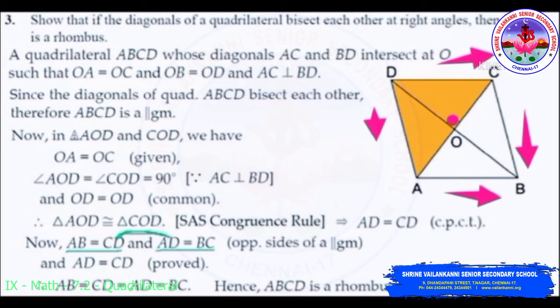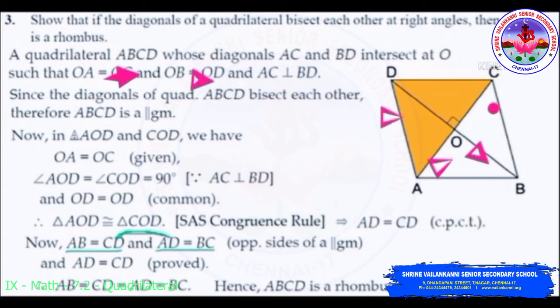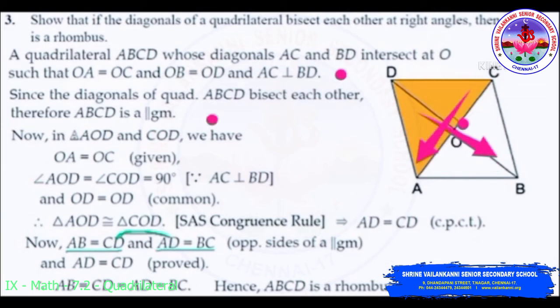Coming to the solution, given ABCD is a quadrilateral whose diagonals AC and BD bisect each other, so we get OA equal to OC, OB equal to OD, as well as the diagonals bisect at right angles. So AC is perpendicular to BD. Since the diagonals of a quadrilateral bisect each other, quadrilateral ABCD gets the property of a parallelogram. Hence I can say ABCD becomes a parallelogram.